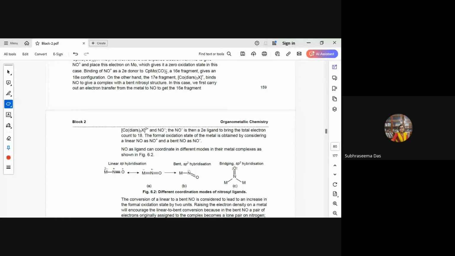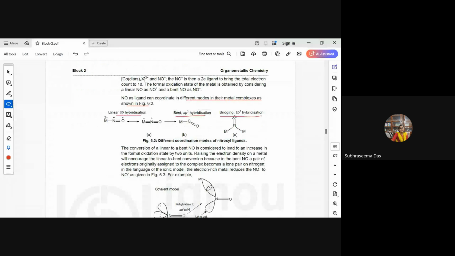Now, to elaborate, NO as a ligand can coordinate in different metal complexes. It has linear sp hybridization, in the bent shape sp2 hybridization, and in the bridging pattern it is sp2 hybridization. These are the different modes by which nitrosyl ligands can coordinate with the central metal atom.